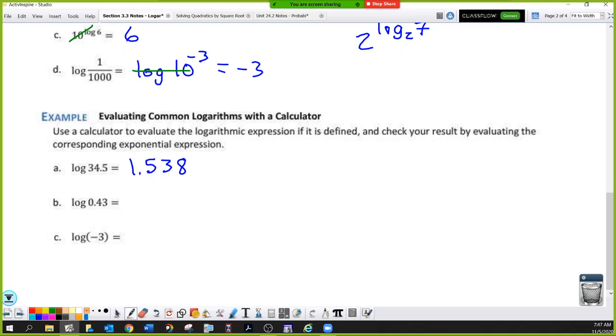Oh, look, negative 0.367. Now, I didn't know what that was going to be, but I did know it was going to be between 0 and -1. You see, if you can think your way through these things like that, you have a deep understanding of what a logarithm is doing, instead of just, oh, I can get answers. Do you understand what they're doing?